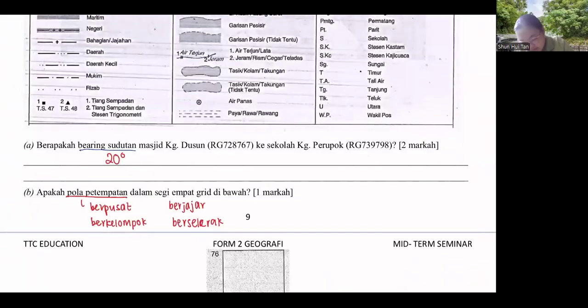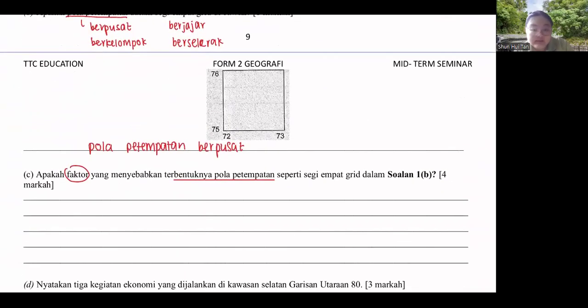Now, you have a few kinds of answer because they ask you factor only. So you can say because the land is flat, easy to build houses, right? Because there's a jalan raya, because of a kemudahan, yes. Because of the activity, because of the location, right? So let's write it, yeah.